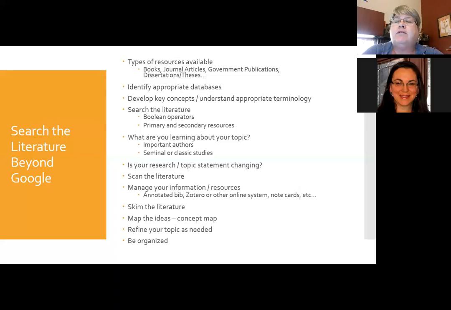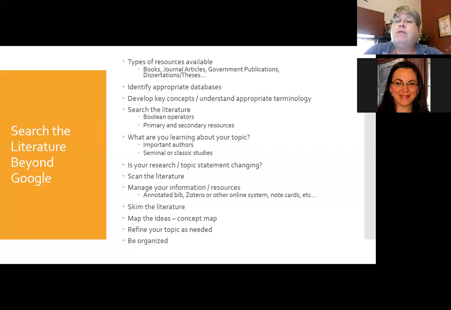Primary and secondary resources. The literature reviews that I talked about, and the papers that we write for classes, are secondary resources. They're still important because when you've got a literature review on a topic, whoever wrote it has gone out and looked for the literature that's out there on that topic. By looking at who they are citing, that can provide you leads to other resources.